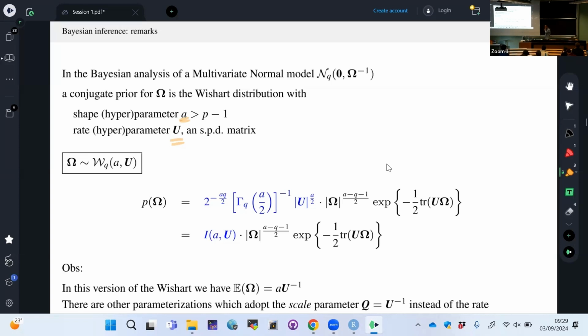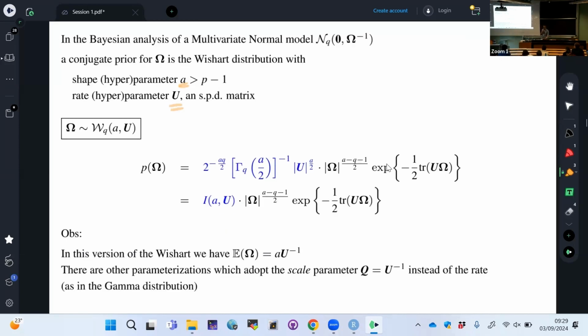If it is not the first time, pay attention, because there are different parameterizations of the Wishart distribution which, instead of the rate parameter, which is what I called U, use the scale parameter, which is the inverse of U. This is quite common even for the gamma distribution, where you can parameterize using the rate or the scale parameter.